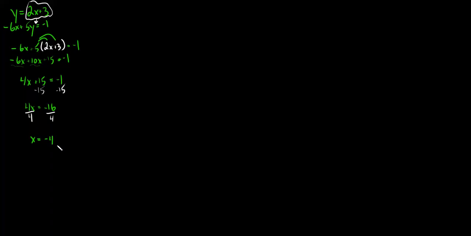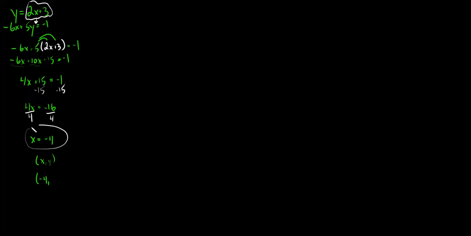But remember, the solution is the point at which the graphs intersect. So my answer should be of the form x comma y. It's a point. We know that x is negative 4, but we haven't found the y. So now what we have to do is substitute what we know, which is x, into either of these two equations, and that's going to help us find y.